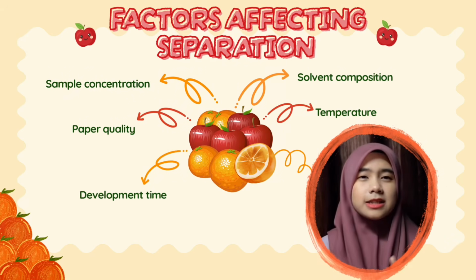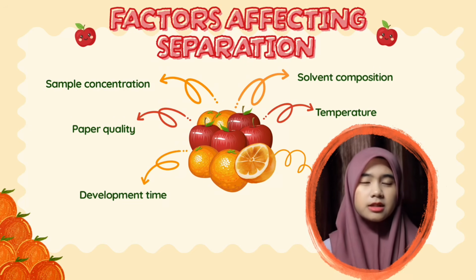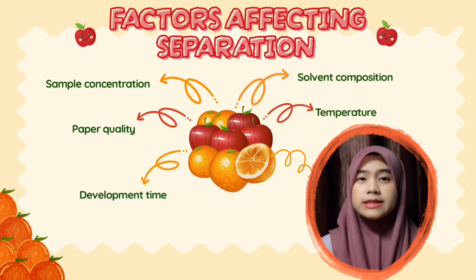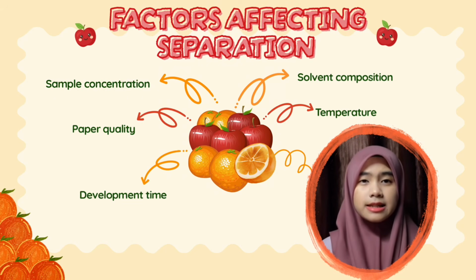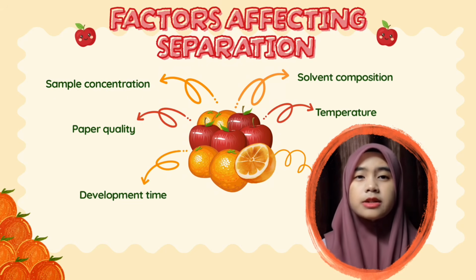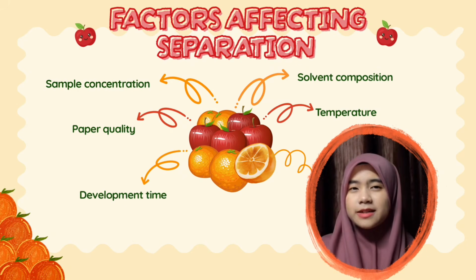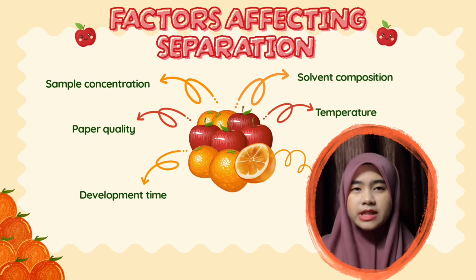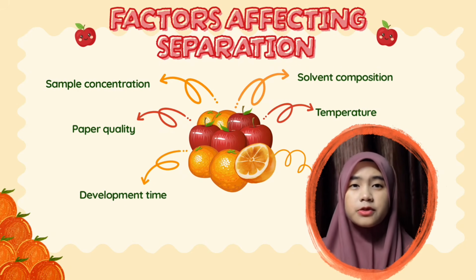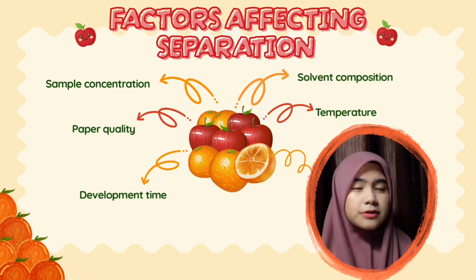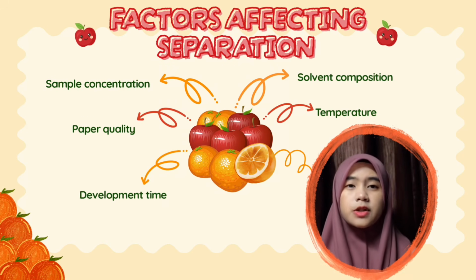Now, let's look at the factors that can affect the quality of the chromatographic separation. Although paper chromatography is simple to perform, obtaining clear and accurate results depends on several important factors. For example, the composition of the solvent affects how well the sugars move through the paper. Temperature can also influence the speed at which the solvent travels.